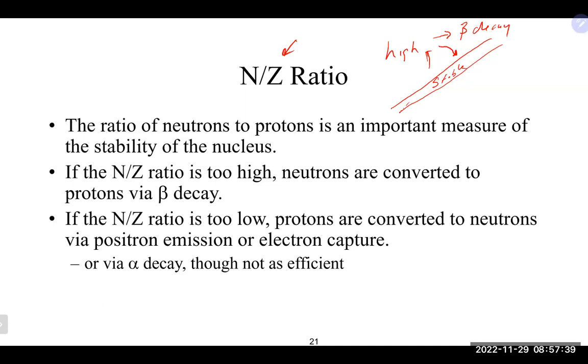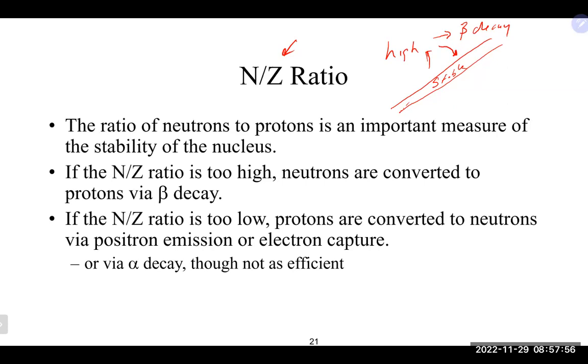Will it happen all at once, and will just one beta decay move you to a stable arrangement? The answer is no. It may or it may not, but what it will do is move it closer to a more stable ratio.